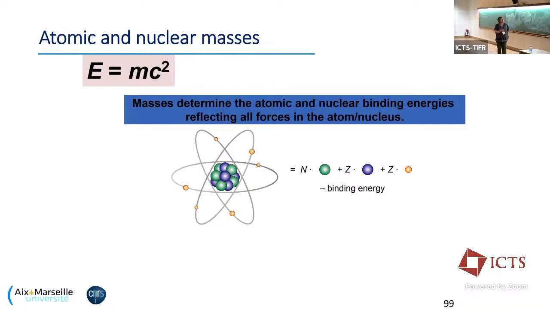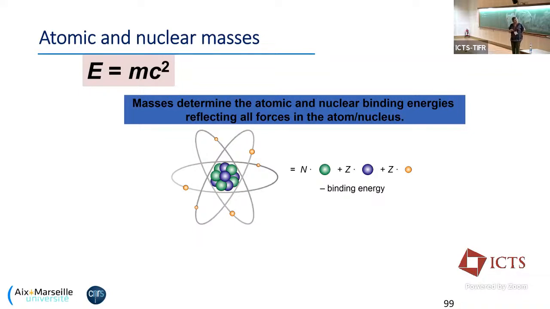Sure. So if you measure masses, and we're talking about precision measurements in this school, if you look at the mass of an atom, what you measure in there is the masses of the elementary constituents, and of course the mass also of the binding energy.